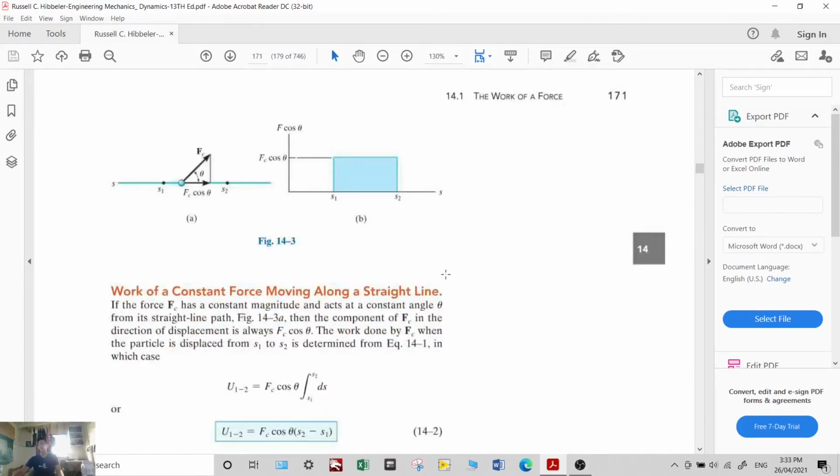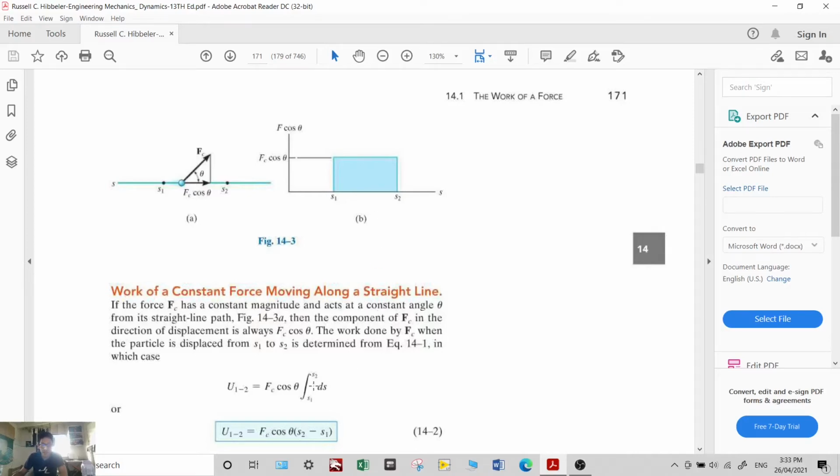Okay, how about if the force is constant? So just like this one, when the particle is moving from point 1 to point 2, it is always acted on by a constant force.